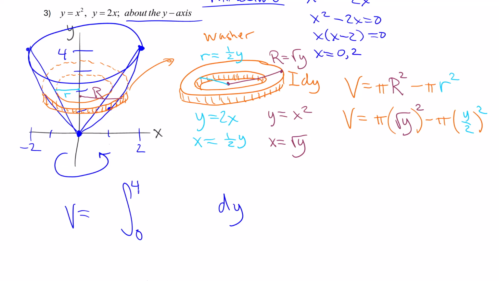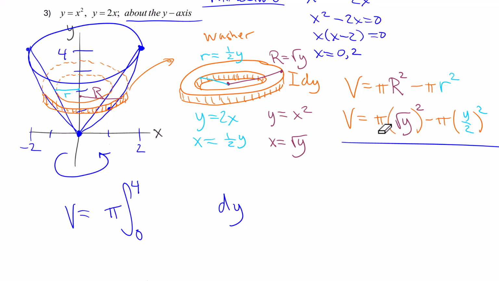And then what do we want? Well, the volume of each washer, which we've defined. Now those pi's can be factored out in front, so I'm just going to put a pi out in front of the integral. It just makes it look simpler. They're just factored out, so we don't have to worry about them within the integral.